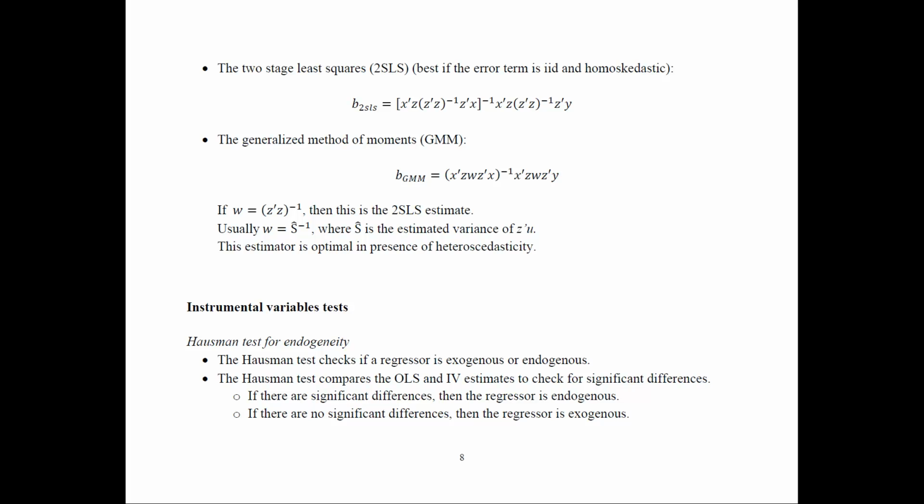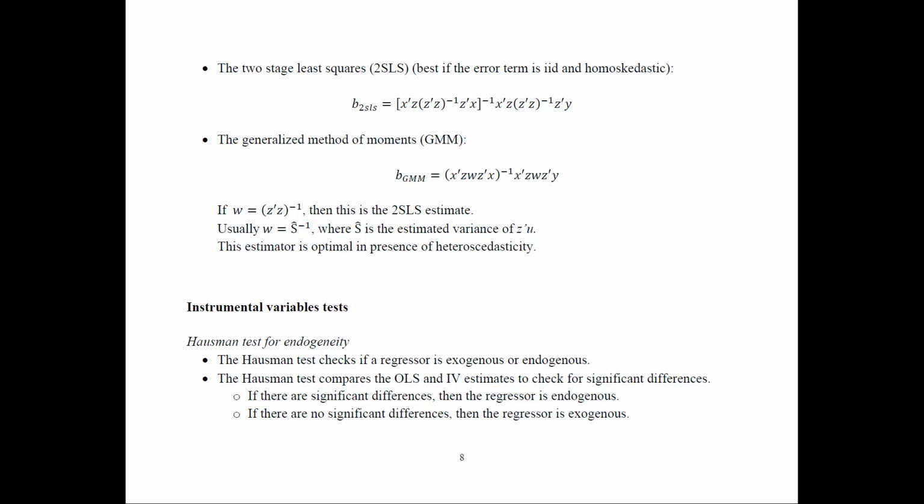So remember that the OLS estimate is when you use this endogenous variable just the way it came in the data. And the IV estimate is the one that is corrected, or these are the predicted values of this endogenous regressor on instruments.